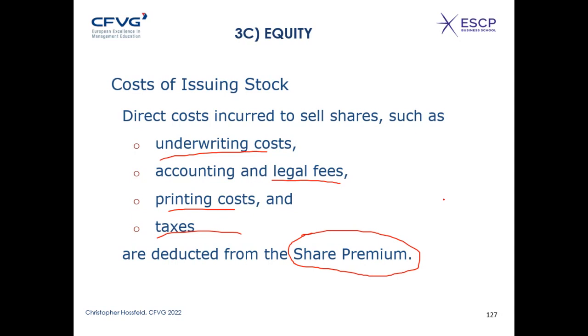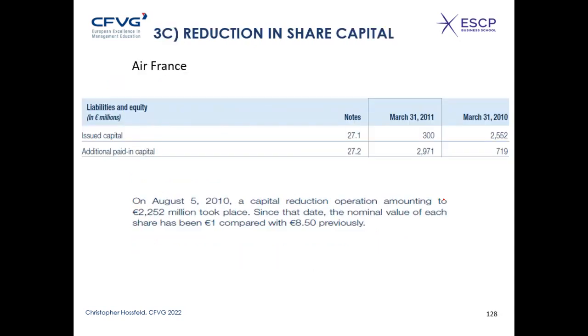Okay, that's it. Then here we have an example that I mentioned earlier on reduction in share capital. So not an increase, but a decrease in share capital. It's an older case, already 10 years ago. In August of 2010, Air France reduced its capital from 2.5 billion euros to 300 million euros.